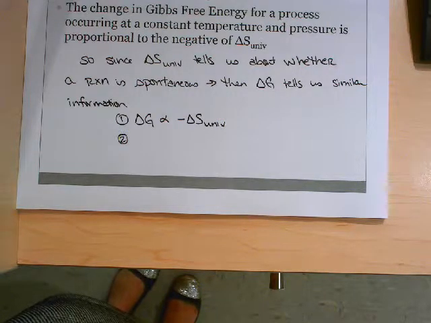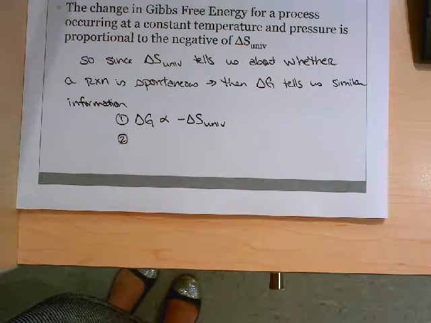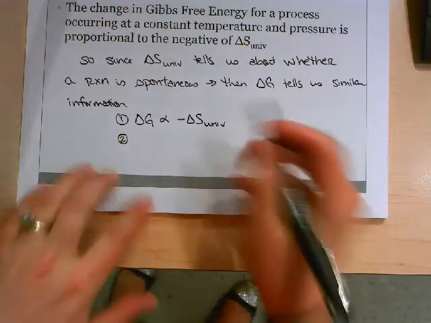What sign does delta S of the universe have if it's spontaneous? Positive. If delta G is proportional to the negative delta S of the universe, what should delta G be to be spontaneous? Negative.